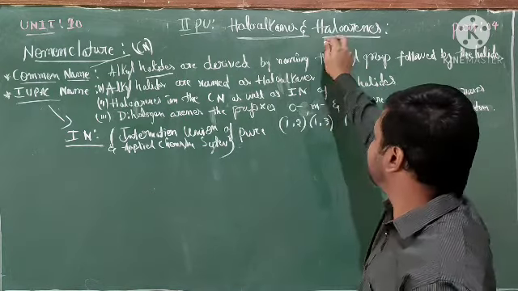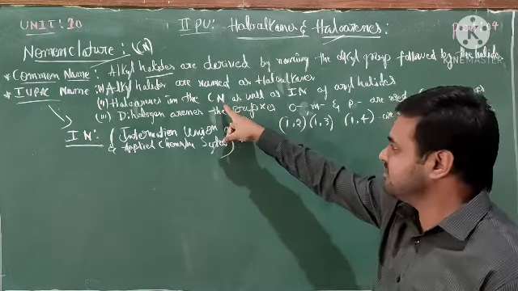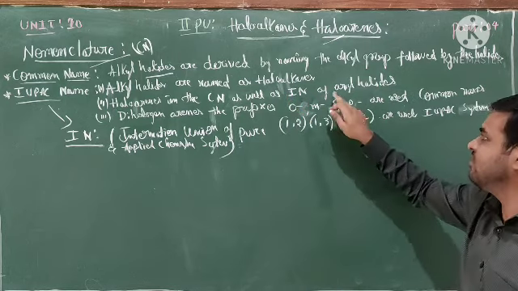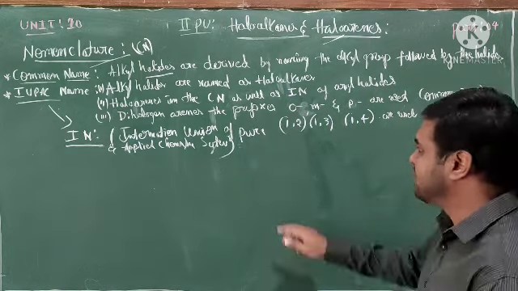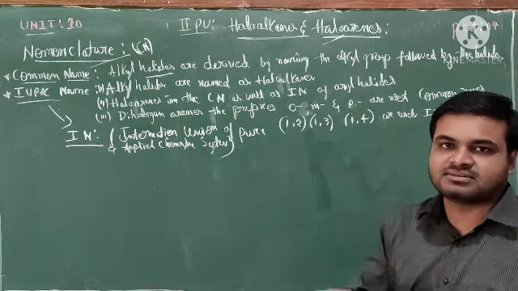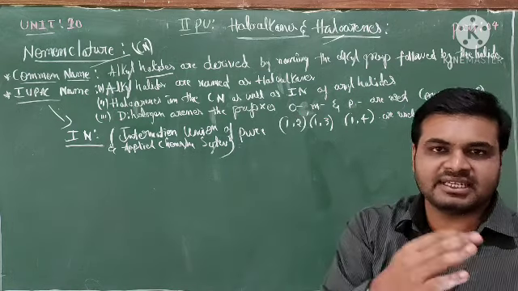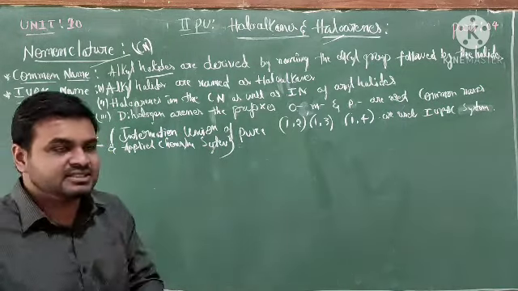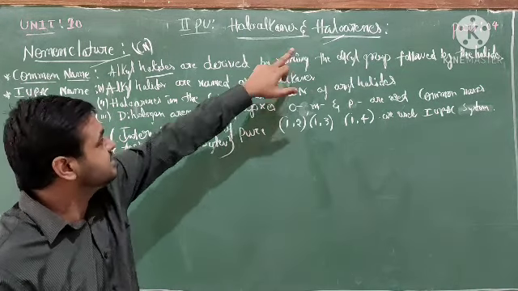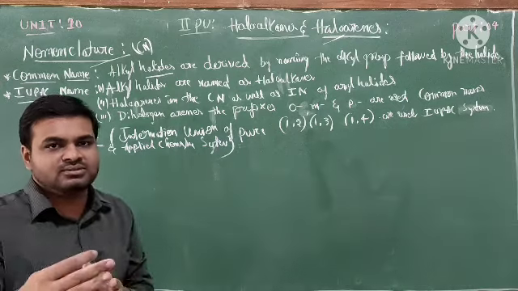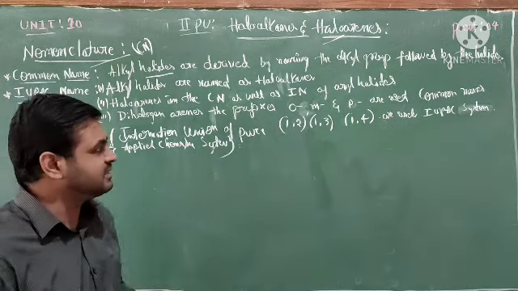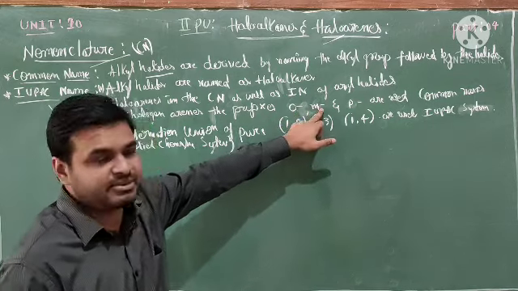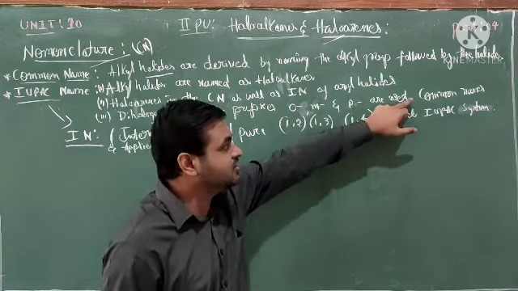For haloarenes, the common name as well as the IUPAC name of aryl halides are both the same. For dihalogen arenes, where two halogen atoms are present, the prefixes O for ortho, M for meta and P for para are used in common names.